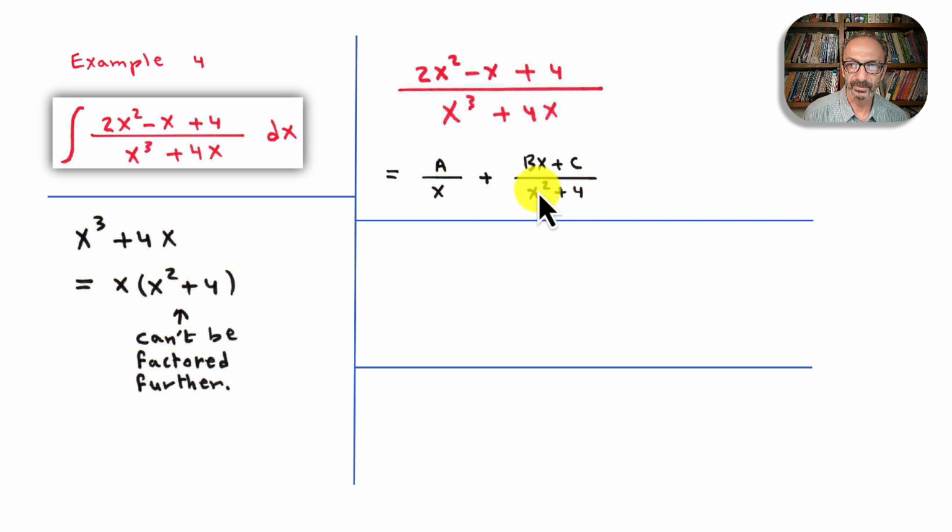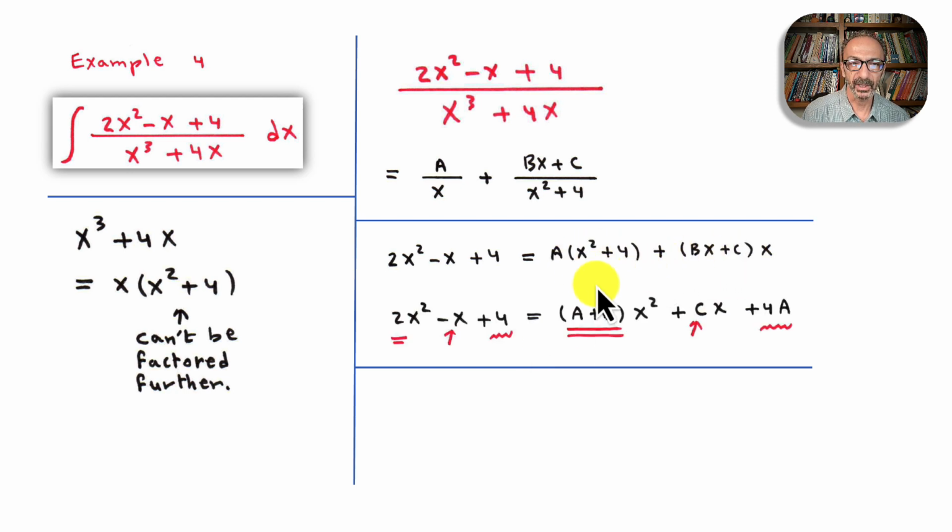Combining these two fractions and comparing the new numerator to the old numerator to solve for a, b, and c, we get the following. After you multiply here and rearrange, we get ax squared plus bx squared, that's a plus b times x squared. We have c times x, first degree, we don't have a first degree here by itself. And we have 4 times a, that's a constant.